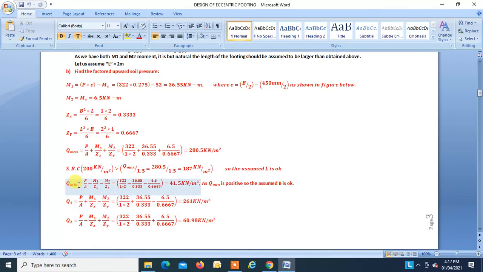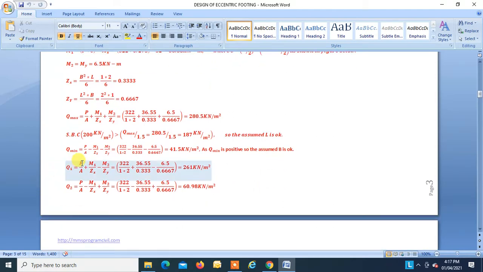Now qmin is given by this formula, and qmin is found to be 41.5. As this qmin is positive, there is no negative uplift pressure, and the assumed B is okay. If this qmin was found to be negative, then you would have to increase the width B, but it is positive, so the assumed B is okay.